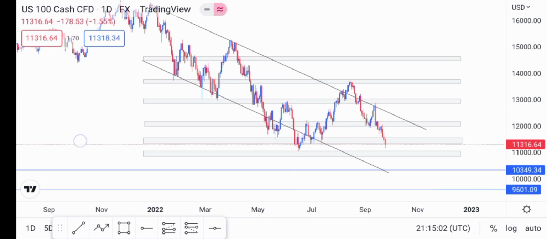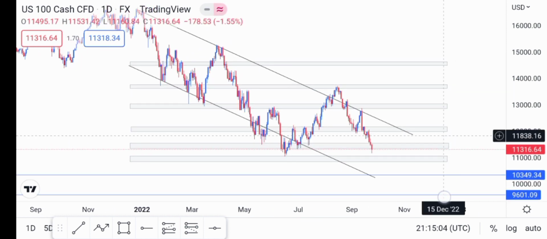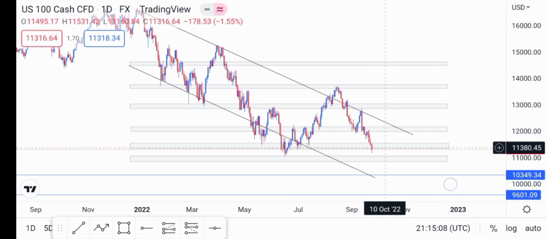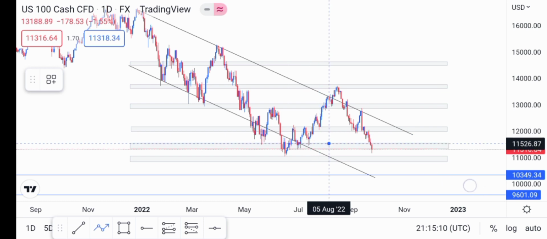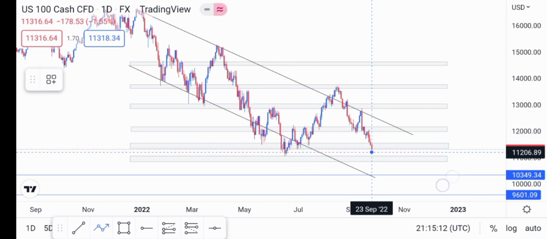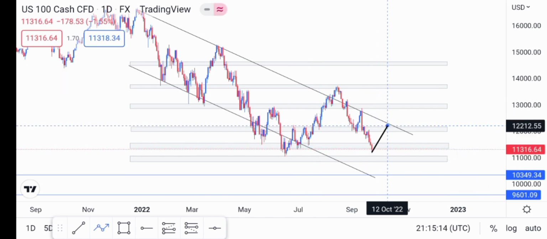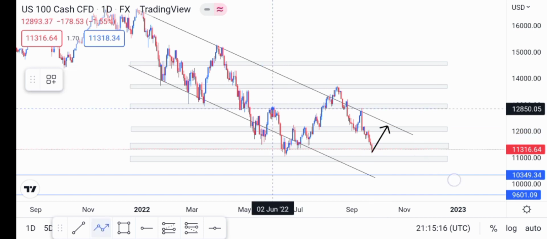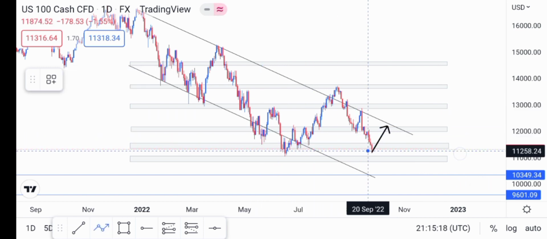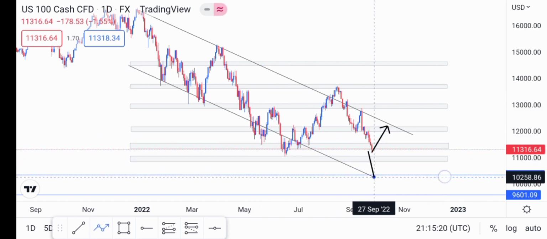I thought it wouldn't touch this area because of this level right over here, but it seems like it's trying to break it. So on NAS100, the possible direction could be to the upper side or to the lower side up until right over here.